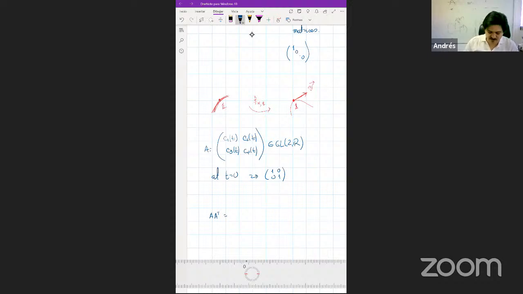This is the curve on the other side, and it's going to look like c1 t squared plus, I'm omitting the t.